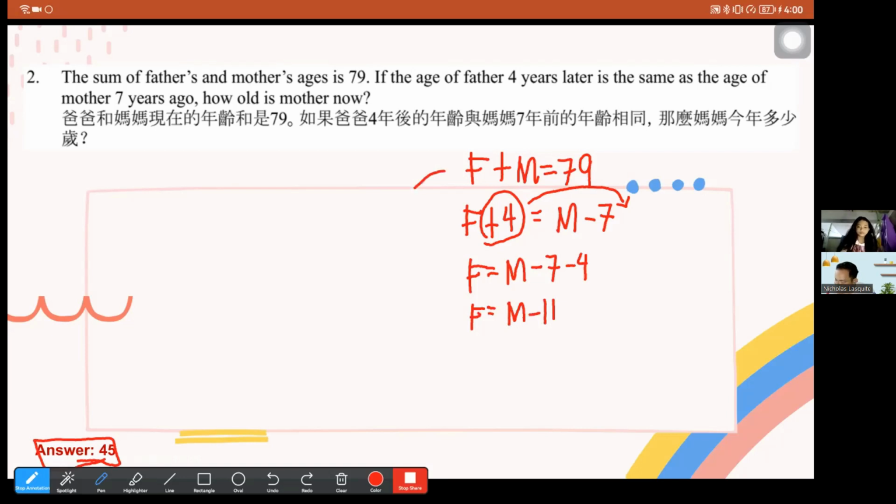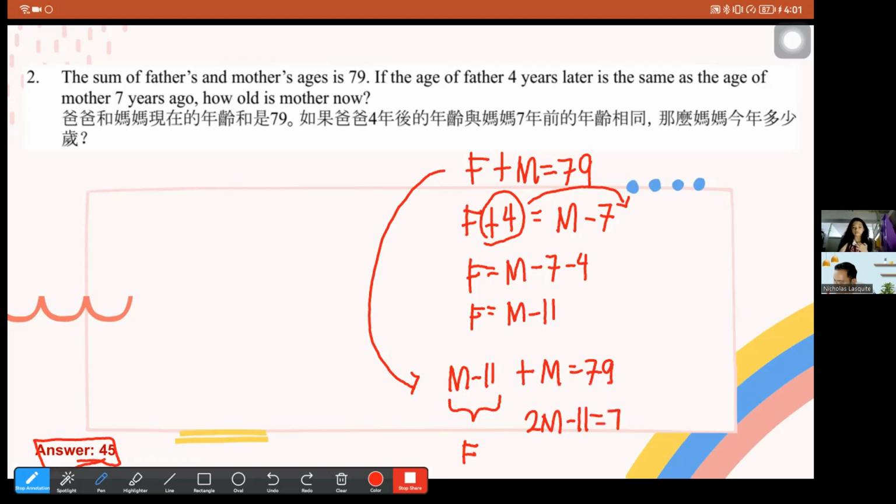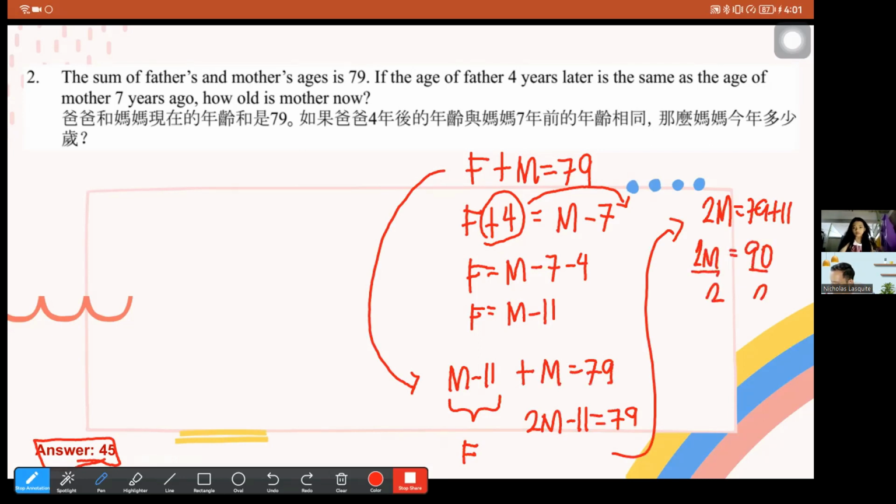So this one, F plus M is equal to 79. Instead of writing F, you write M minus 11. So M minus 11, this is the value of your F, plus M is equal to 79. So M plus M is 2M minus 11 is equal to 79. So you have 2M is equal to 79 plus 11, or 2M is equal to 90. Divide this one by 2, cancel, cancel, then M is equal to 45.